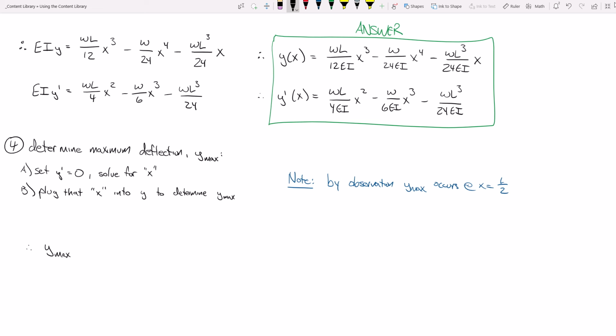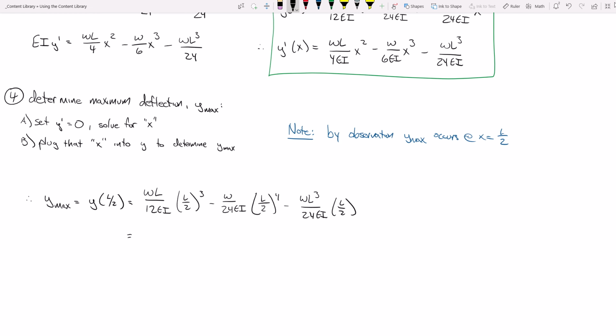Ymax is y at L over 2, so I'm taking this upper equation: WL over 12EI times L over 2 cubed minus W over 24EI times L over 2 to the 4th minus WL to the third over 24EI times L over 2. All right, so let's see what that does.